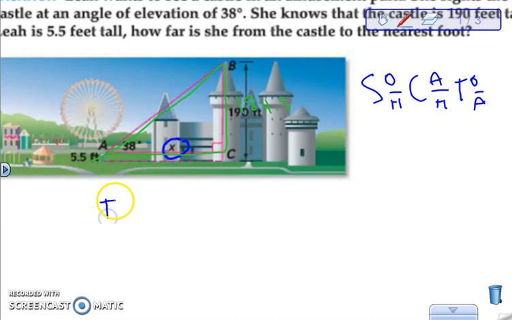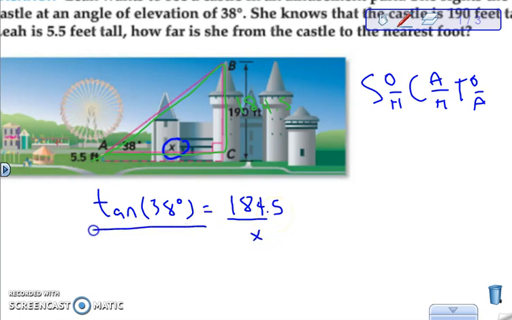So we'll say the tangent of 38 degrees is equal to the opposite leg over the adjacent leg. And there is our proportion.